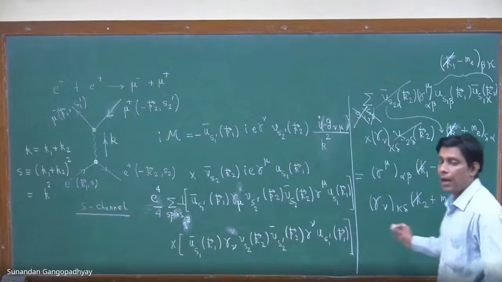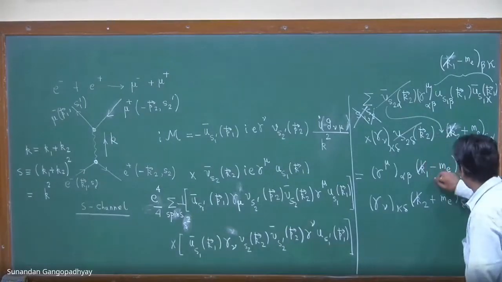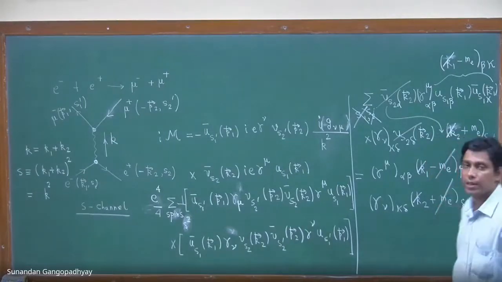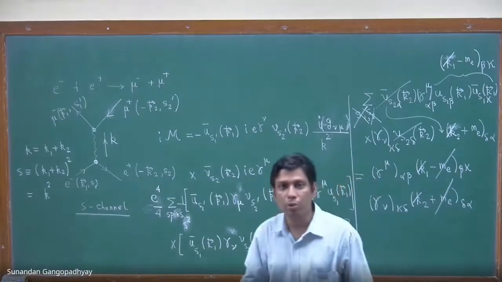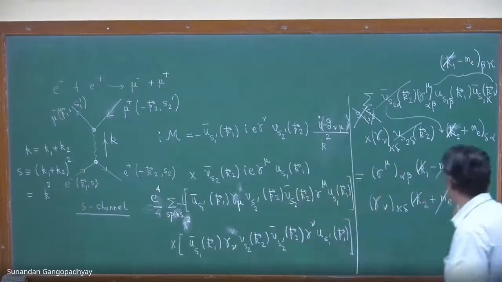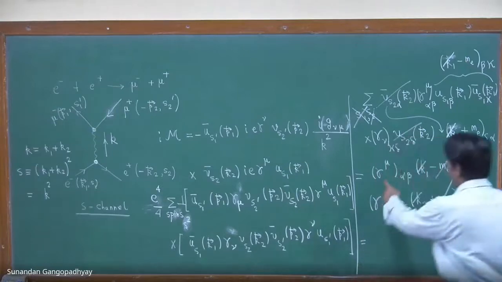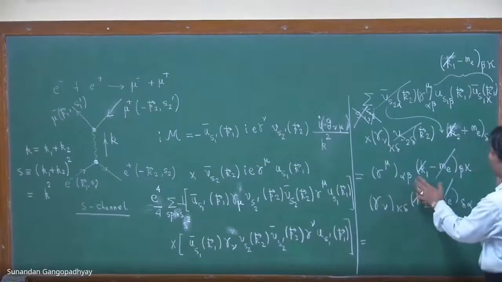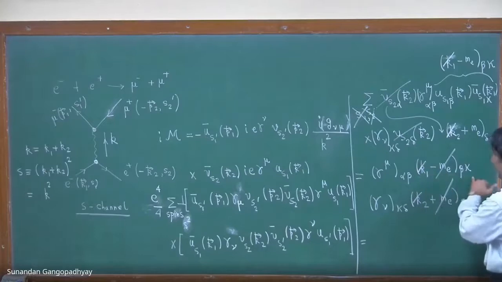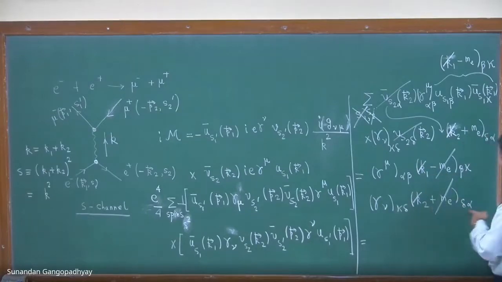And once again, in the highly relativistic approximation, you can throw away the rest masses of the electrons. You can forget about them, right? So these terms are not there, and therefore now you can see that this is gamma mu alpha beta, then beta kappa, kappa delta, delta alpha.